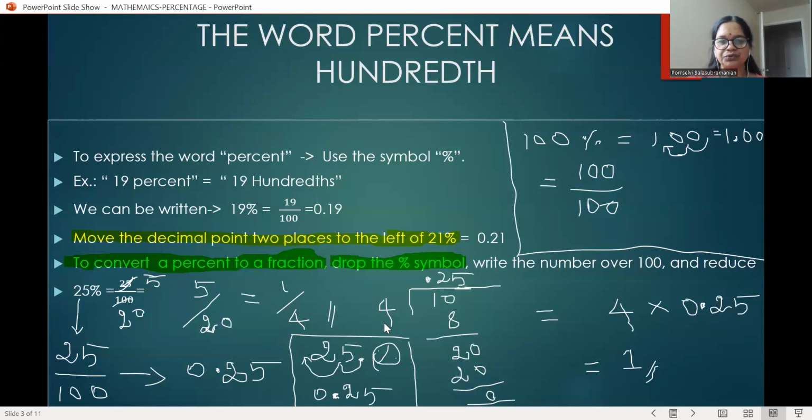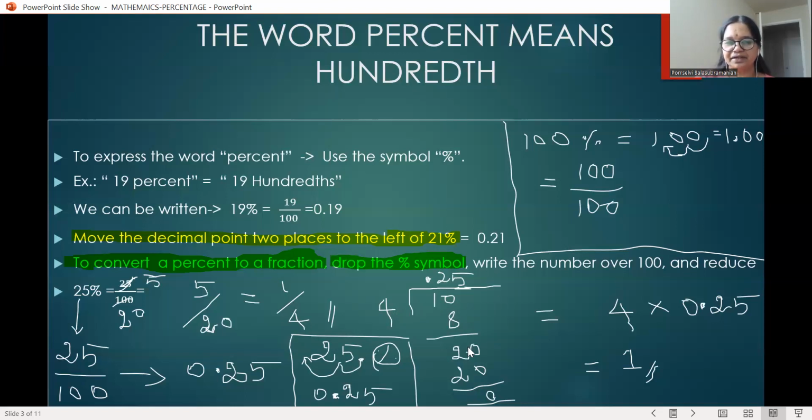Now you want to check whether the value 1 by 4 is correct or not. How do you check? You have to divide 1 by 4. So how many 4s are there in 1? You cannot divide 1 by 4, right? So you put a decimal point on top, then add a 0. In 10, how many 4s are there? 2 times 4 is 8, so you put 2.